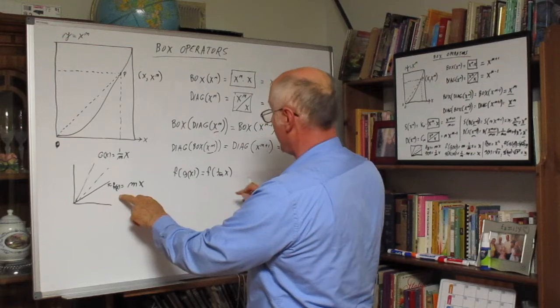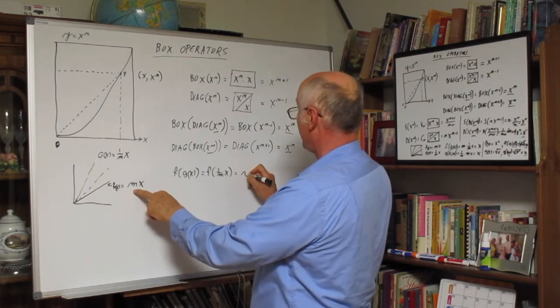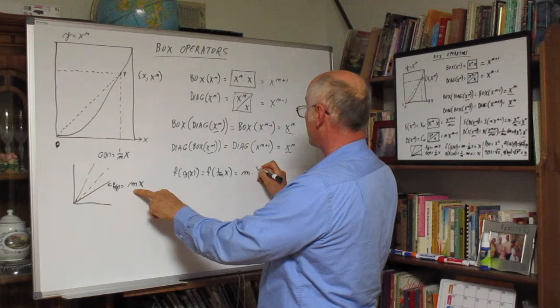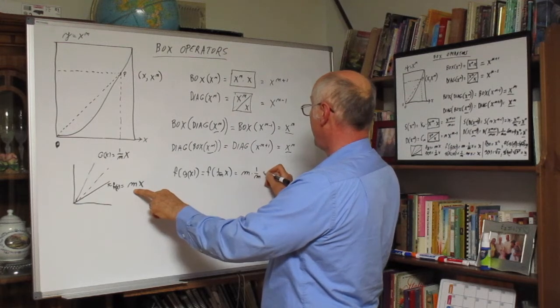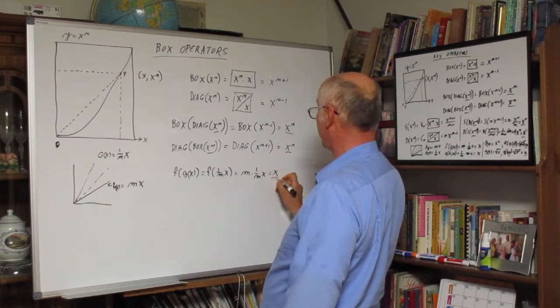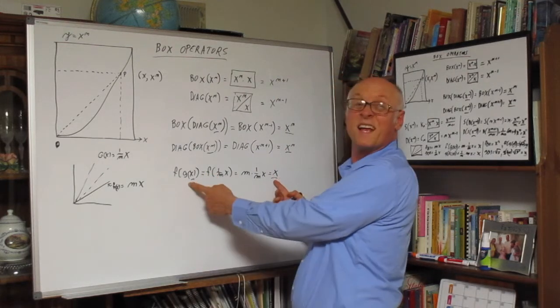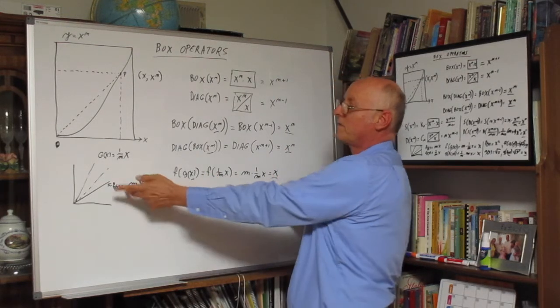But f multiplies by m, so you got m times 1 over m times x, and so that equals x. See how you end up with the original variable x? It's an inverse function.